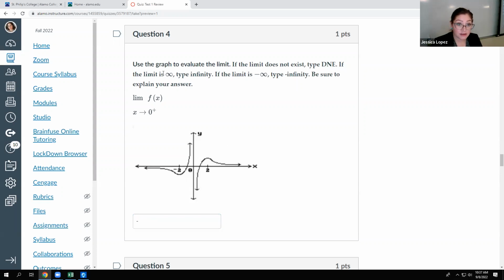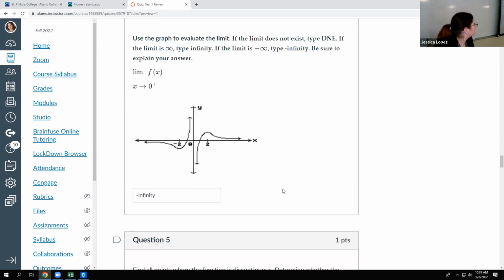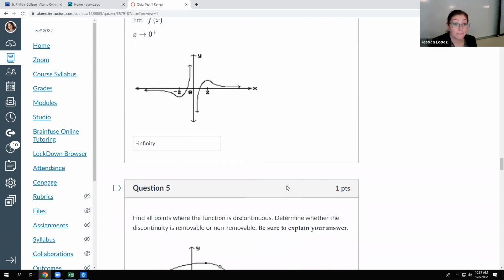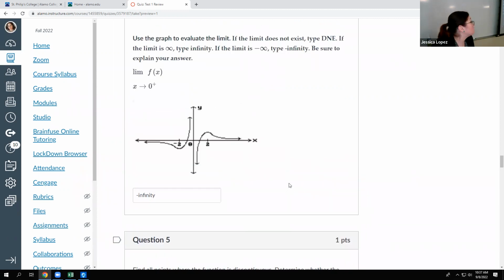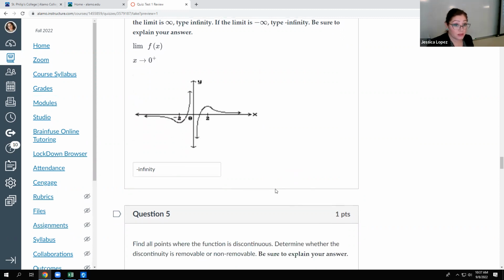I'm curious if I can, no, I can't even copy this. So no, it says just type in infinity. And so that will work. And I do have that as an answer in the answer kit. You have to. If you don't, then it's going to look like positive infinity, and then it won't count it correctly. But good. I'm glad you asked.